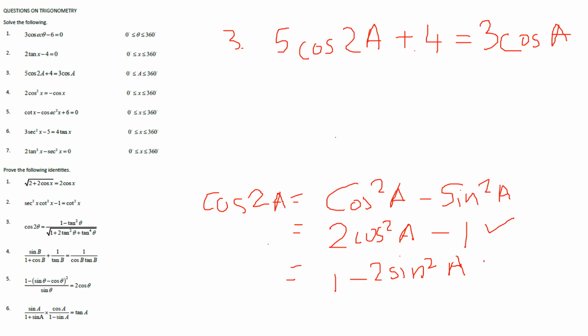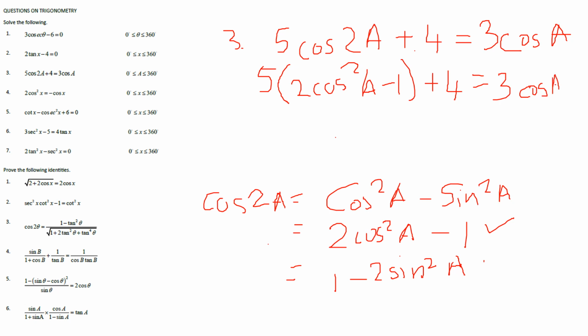Okay. So now in place of cos 2a, we are just going to place 2 cos squared a minus 1. And then it's plus 4 equals to 3 cos a. Okay, let me just erase all these identities because you are not going to need them.